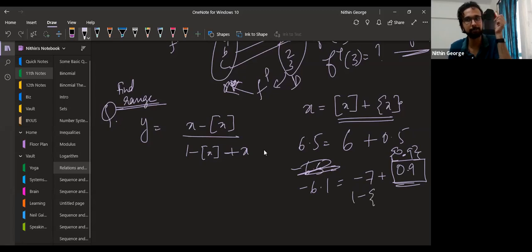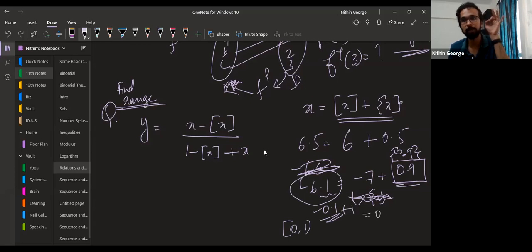It's 1 minus the expected fractional part, something like that. You're expecting 0.1, but in actuality, it is minus 0.1. And fractional part function has to return a value between 0 and 1. So you simply add 1 to this and you get 0.9. To bring it between 0 and 1, I simply add 1 to it.